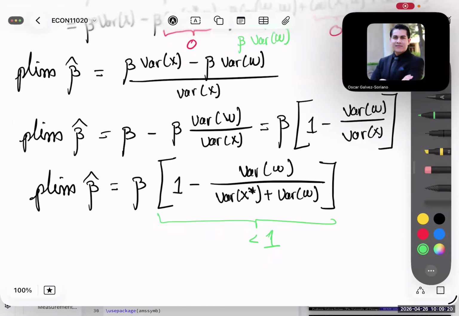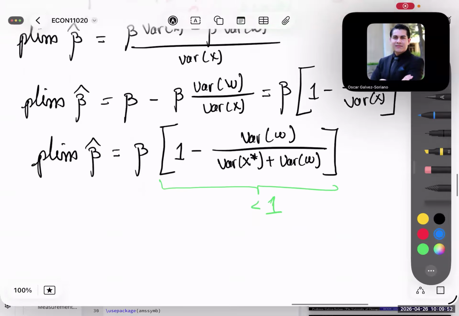And this is what we call the intuitive part, which is what I explained in class, is that we said that the OLS estimator has attenuation bias due to the classical measurement error, no? Which basically means that you estimate towards 0. Okay.